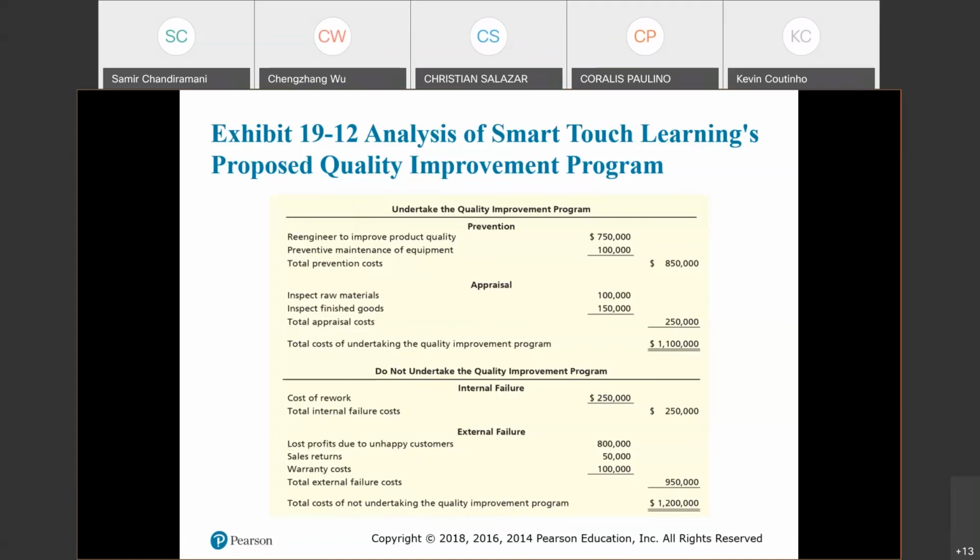To compare the cost of undertaking the quality improvement program or continuing without this program.